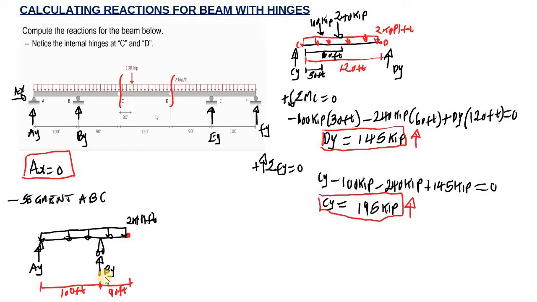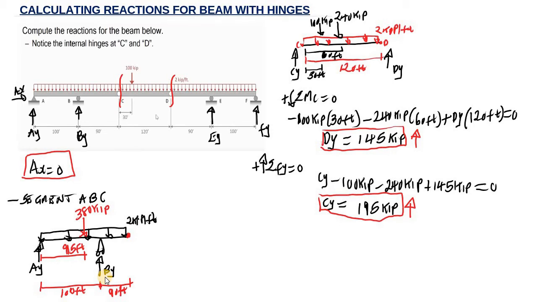So the resultant force is going to be 380 kip, and this is going to act at the middle. So we are going to have this as 95 feet because it is acting at the middle. Now all we need to do is calculate AY and BY.